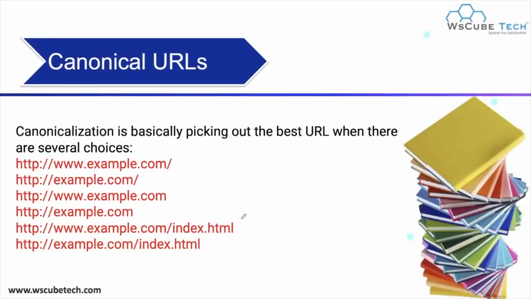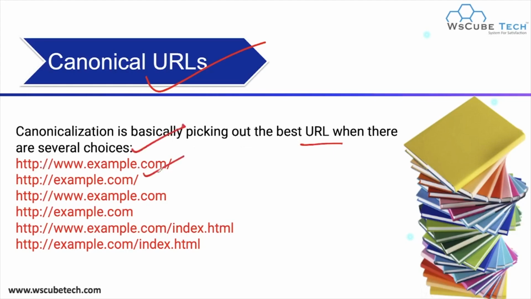Next we have the canonical URL. When you need to serve content that has more than one URL, then canonical tags are your savior. When there is more than one URL for the same page, then the main version is referred to as canonical, and canonicalization is basically picking out the best URL as your serving choice.